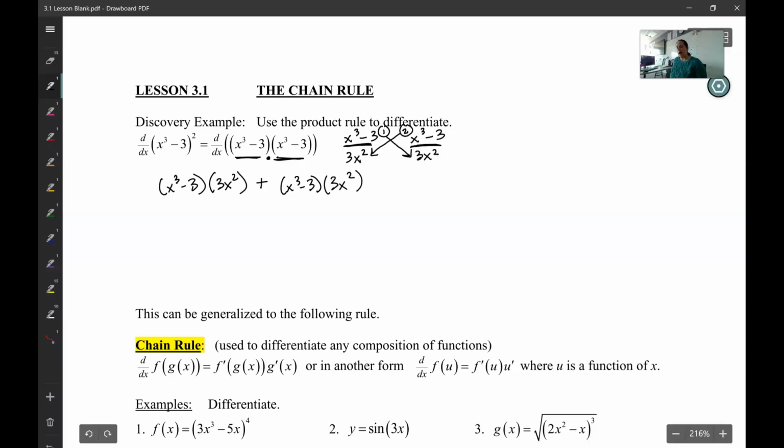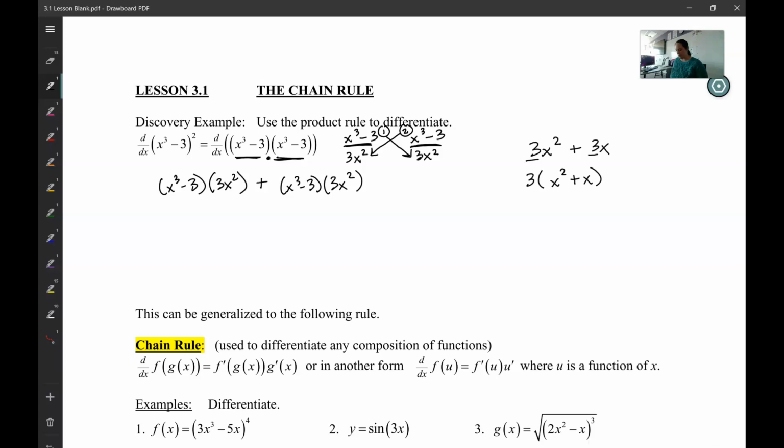Now, I'm going to simplify this a little bit, meaning I'm actually going to factor something out, kind of like GCF. You know, if we used to have 3x squared plus 3x, you'd say, oh, these have a 3 in common, so I'm going to take the 3 out of both of them.